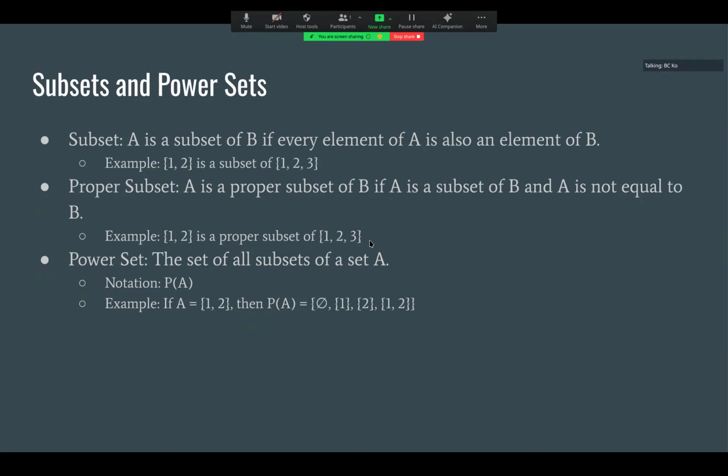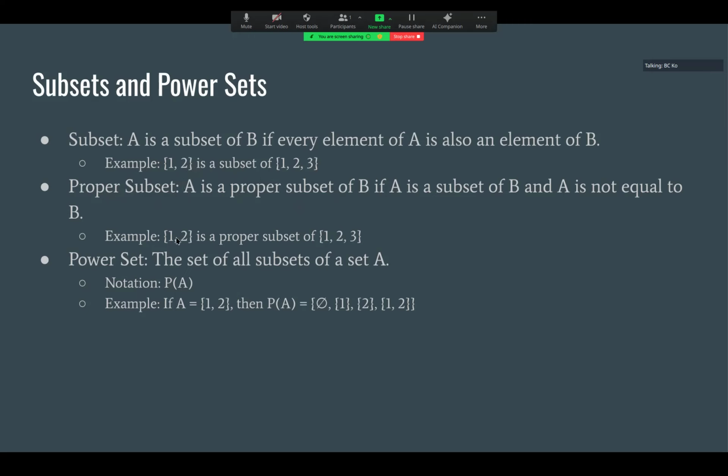Subsets and power sets. A subset is a set where all elements are also contained in another set. We say that set A is a subset of set B if every element of A is also an element of B. So for example, the set {1, 2} is a subset of the set {1, 2, 3}. A proper subset is a subset that is not equal to the original set.